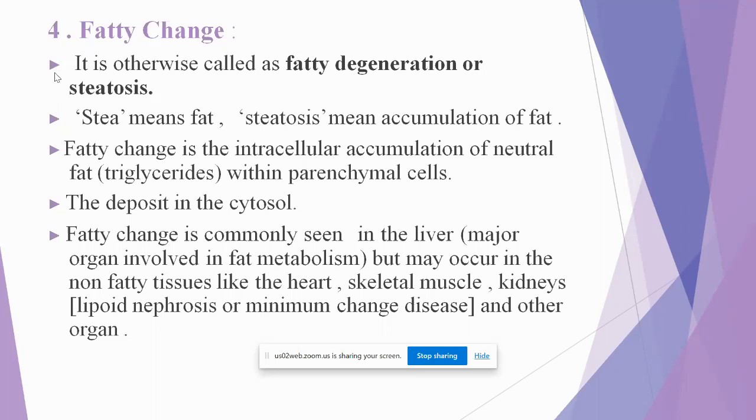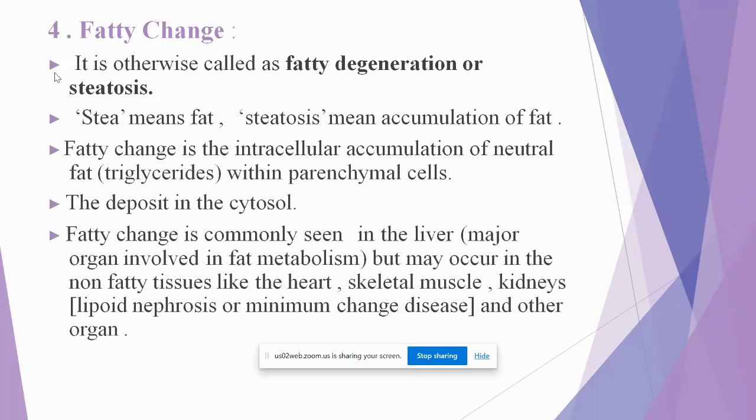Then fatty change is the intracellular accumulation of neutral fat. Neutral fat is triglycerides within the parenchymal cells, deposited in the cytosol. The fatty change is commonly seen in the liver, the major organ involved in fat metabolism.